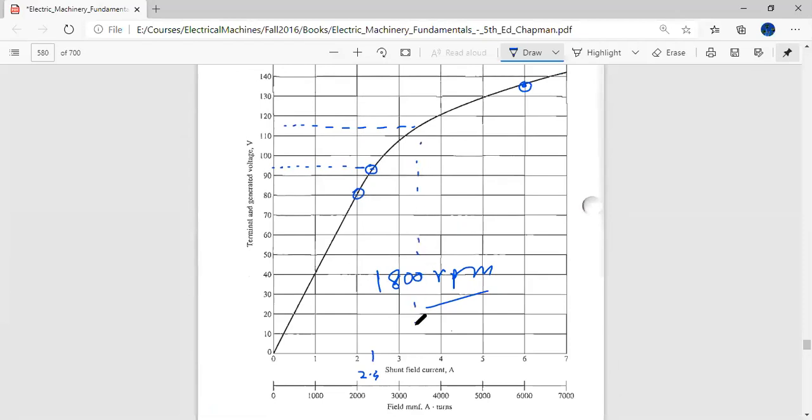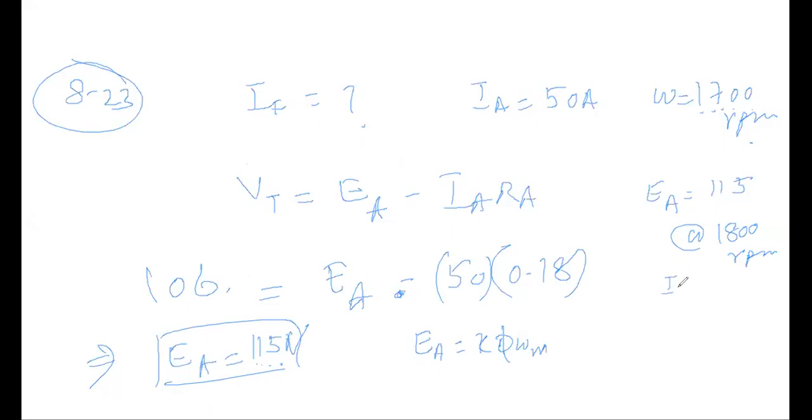Okay, so let's go back. So IF is equal to 3.5 for this case.